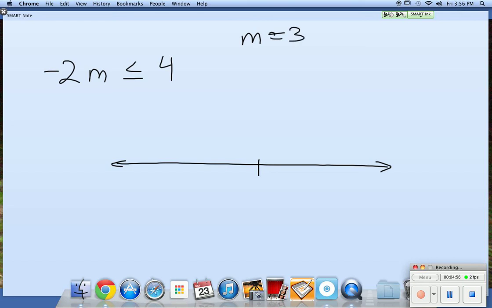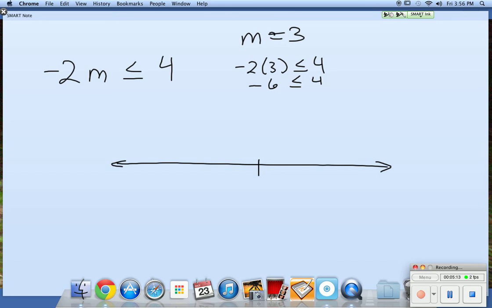And we put that in for m here: negative 2 times 3 is less than or equal to 4. Is that true? Is negative 6 less than or equal to 4? Well, yeah, we know that's true.